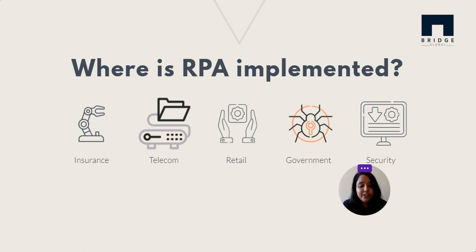Now, in the security industry, RPA is utilized for tasks such as threat monitoring, incident response, and access control. So security firms deploy RPA bots to analyze security alerts. Let's say there was an incident.